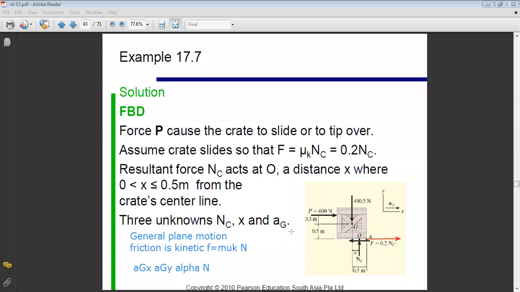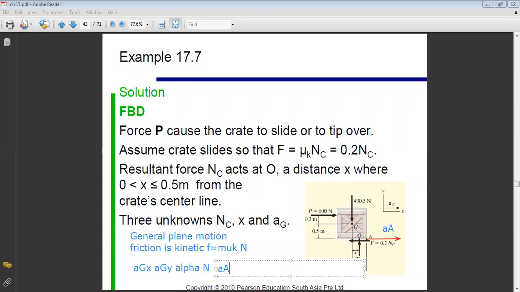It's true that I am adding an unknown, AA. But at least when I relate AA to AG, I obtain two equations. So in total, I will have 5 unknowns, which are AGX, AGY, alpha, N, and AA, but I will obtain 5 equations. So I can solve my system.